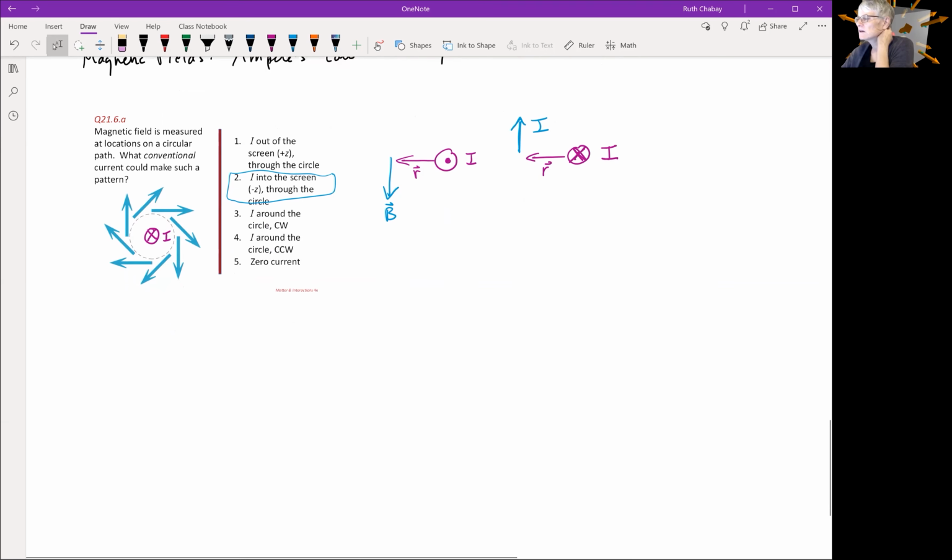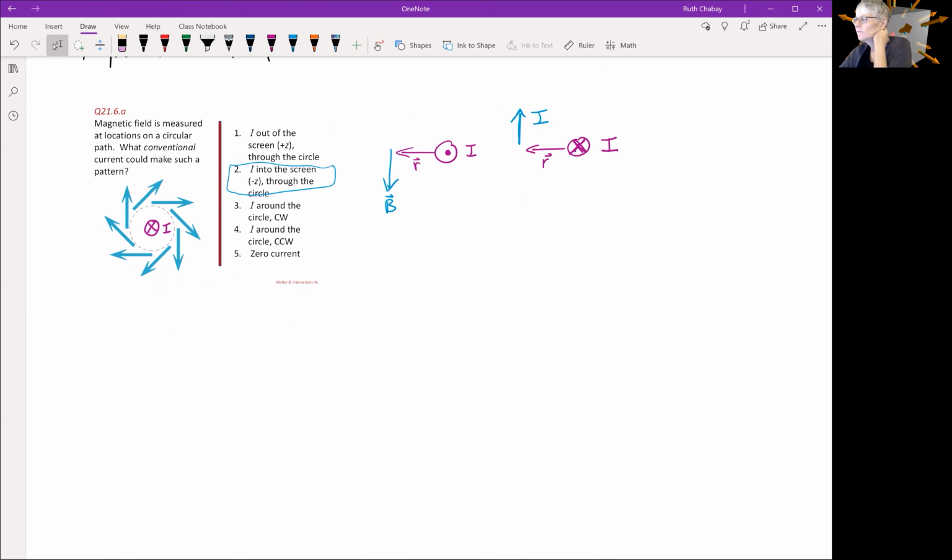So the basic idea is that what we're going to do is consider a circular path and the magnetic field on that circular path. And we're going to consider the surface, like a soap film stretched over a circular path, and the currents piercing that soap film.